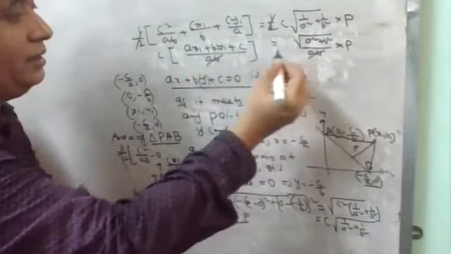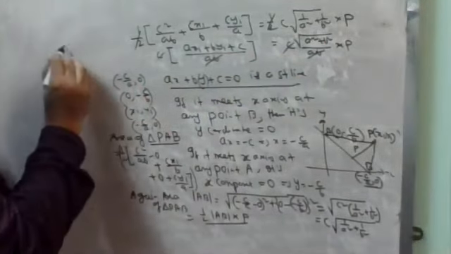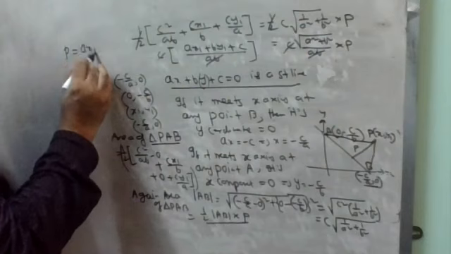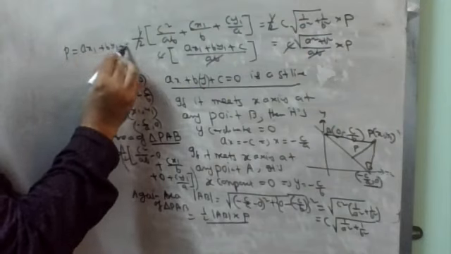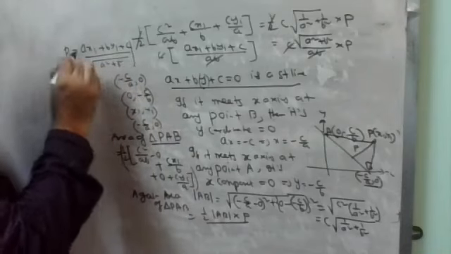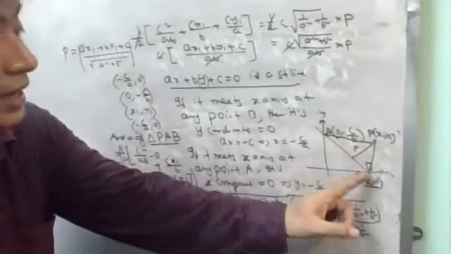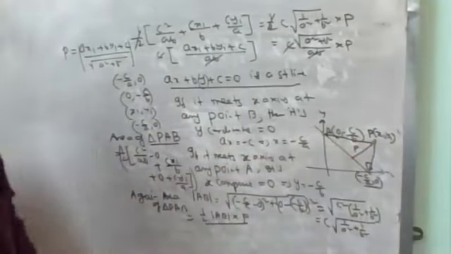AB will get cancelled, and the c will get cancelled. You will get p is equal to a x1 plus b y1 plus c by root over a square plus b square. This is the perpendicular distance of a line from a point x1, y1.